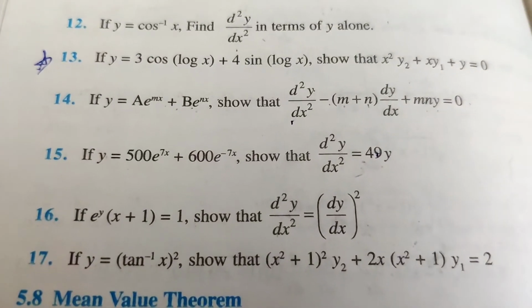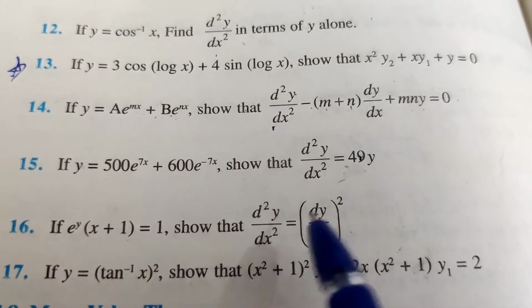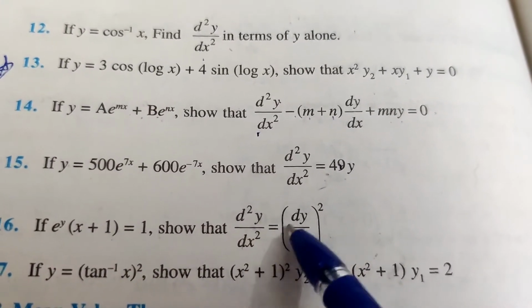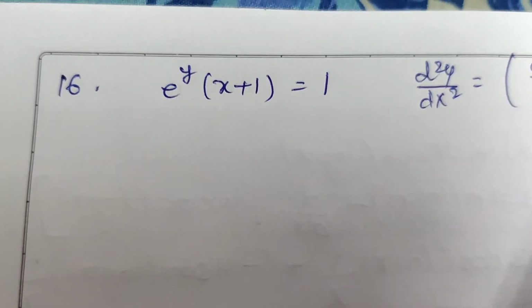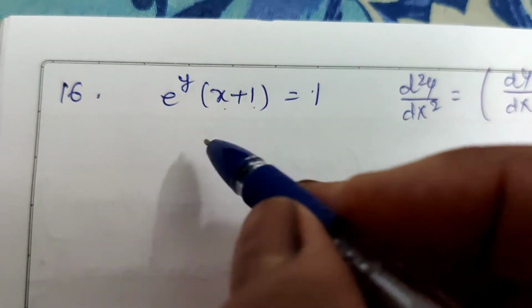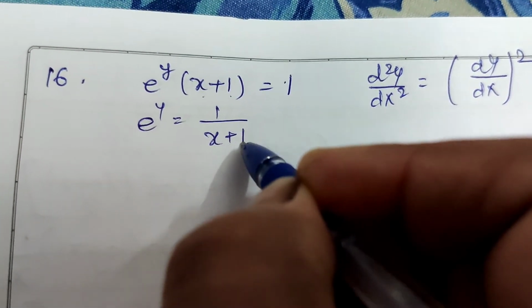The next question is: e raised to power y, x plus 1 equal to 1. Then show that d2y over dx square equal to dy over dx whole square. e raised to power y into x plus 1 equal to 1, so e raised to power y equal to 1 upon x plus 1.